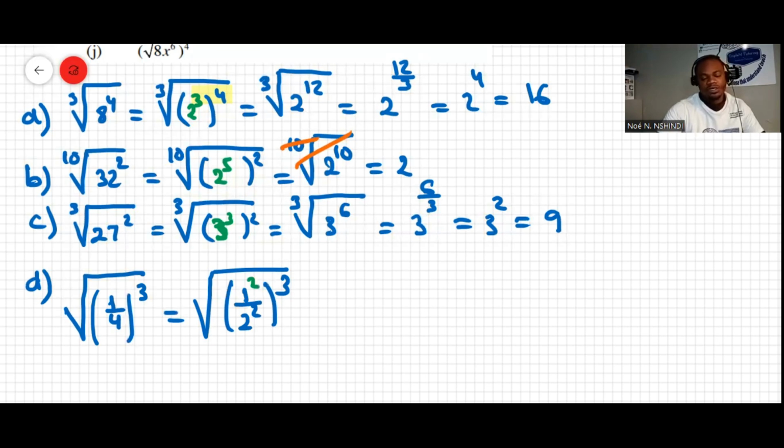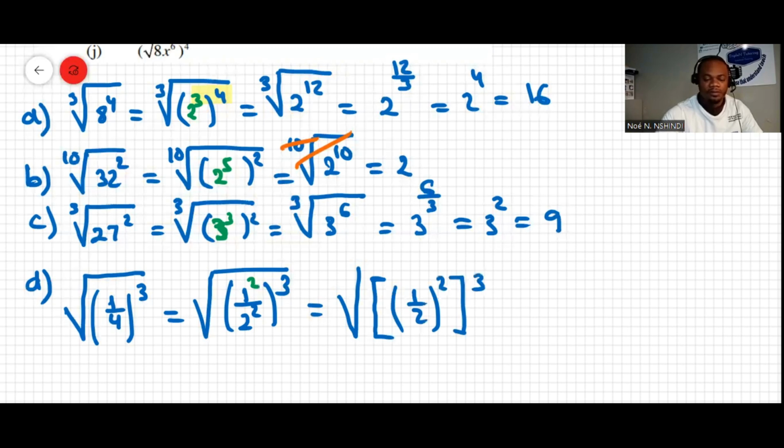So we can write it like square root of, no, I want to use square bracket here now, of 1 over 2 to the power of 2, all to the power of 3, okay?